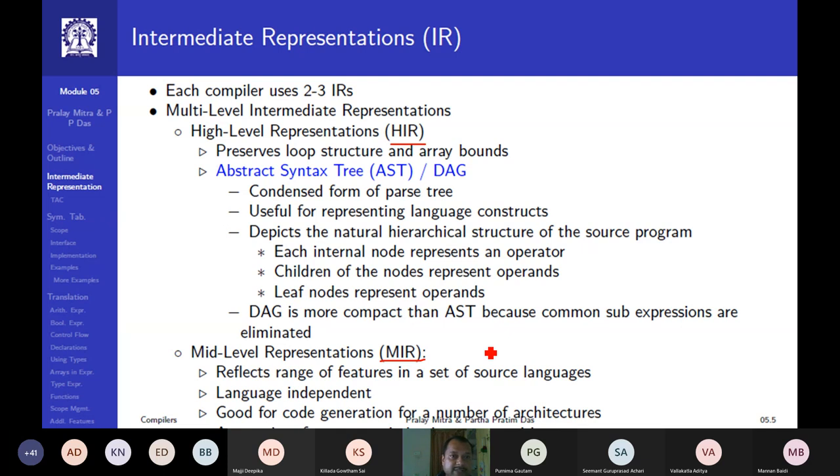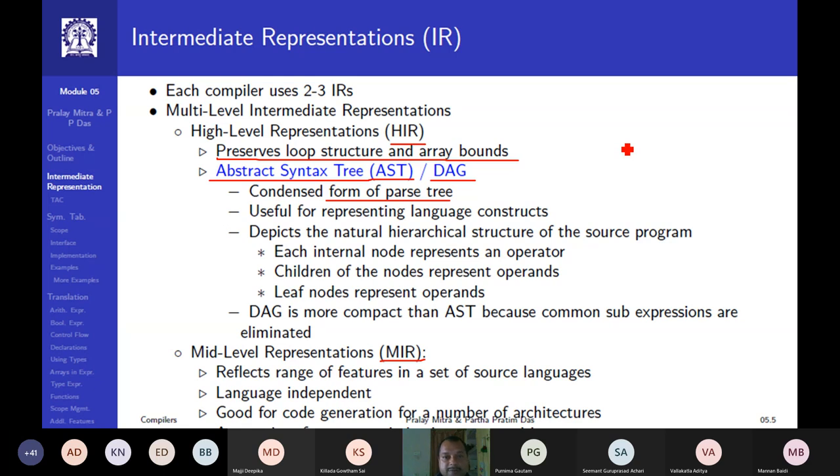The basic difference is that high level preserves loop structure and array bounds. Mostly it talks about the abstract syntax tree, or AST, and DAG. It is the condensed form of the parse tree. It's useful for representing language constructs. It depicts the natural hierarchical structure of the source program.